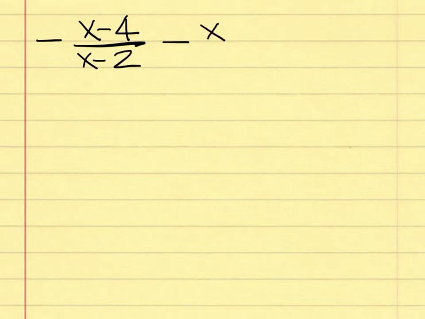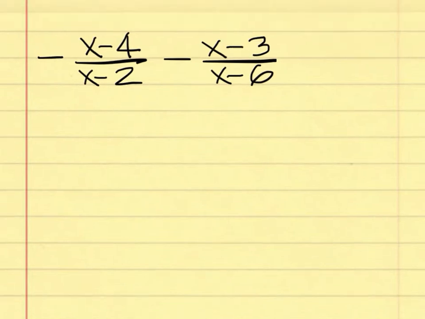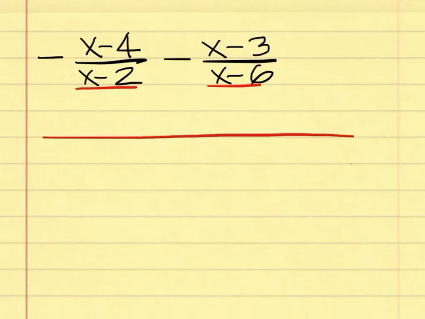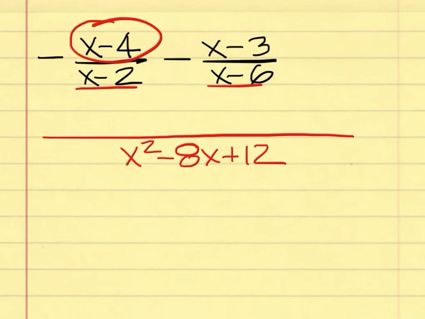Try this practice problem and drop it off up here. It is negative x minus 4 over x minus 2 minus x minus 3 over x minus 6. On this practice problem, I need a common denominator. And that common denominator is going to be found by multiplying this by this to get x squared minus 8x plus 12. And then to get the new numerator, I'm going to have the negative sign times the product of this and this.